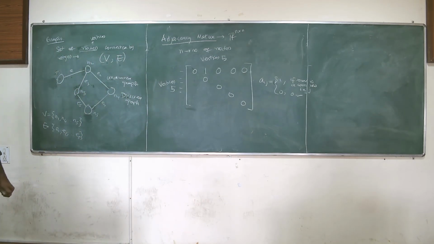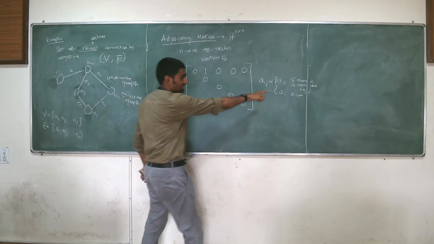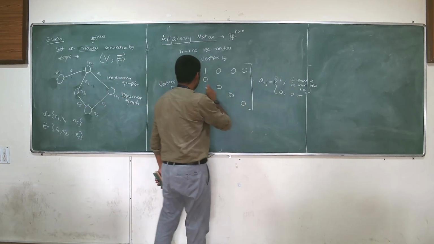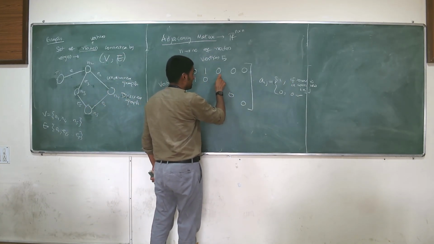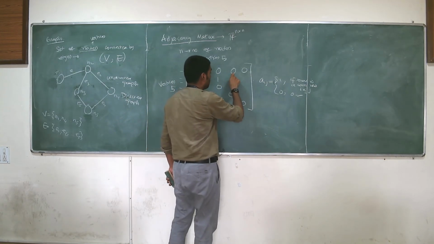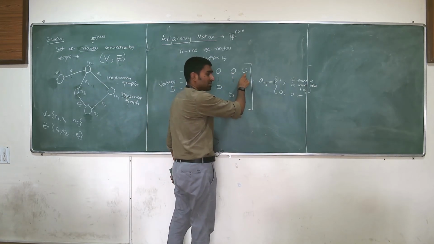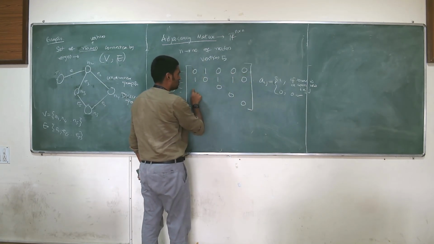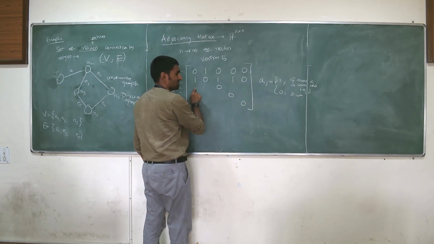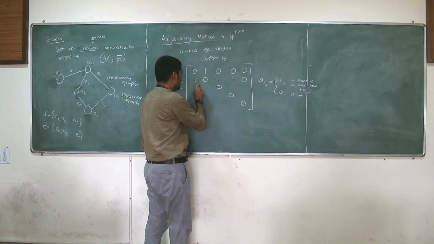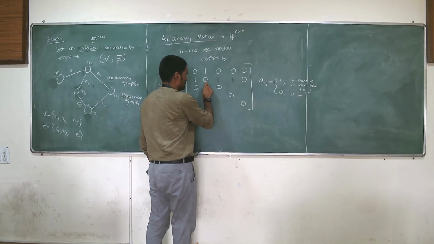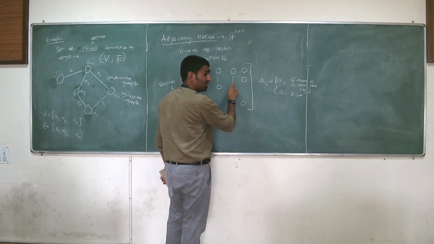1 or 0? 1. Because all we've said is, is there a connection? That's all. What about 2, 3? 2, 4? 2, 5? Okay. We know these two. What will be this? 3, 1 is 0. 1. 4, 5?